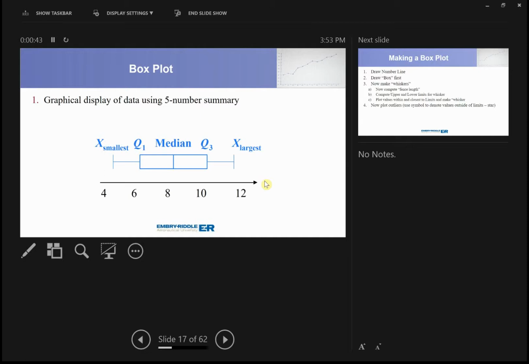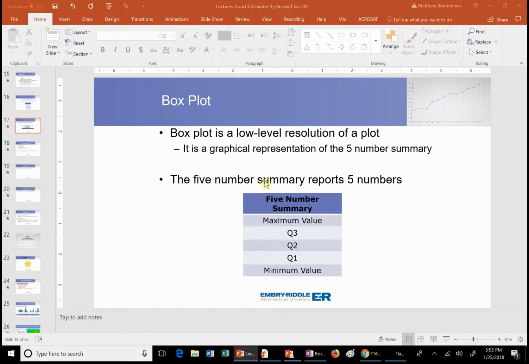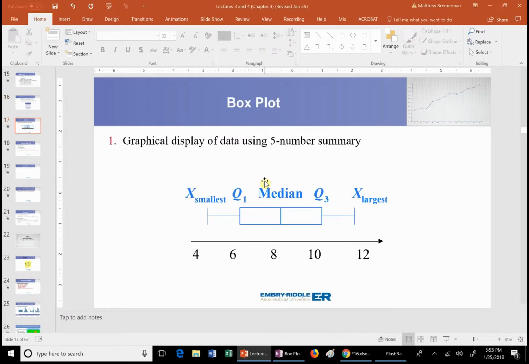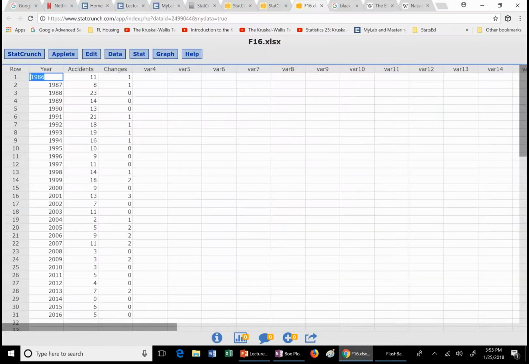Now, there's a little bit more we need to do with the box plot. So here's the idea. Let's go back and look at the F16 data that we have. I asked you guys to load up the F16 data set.